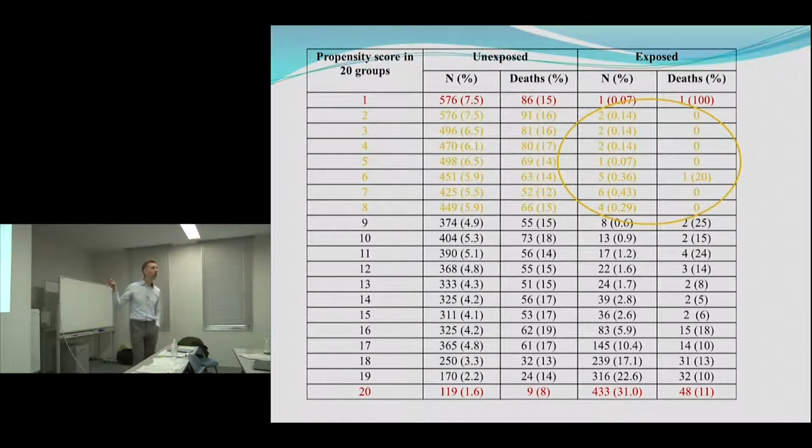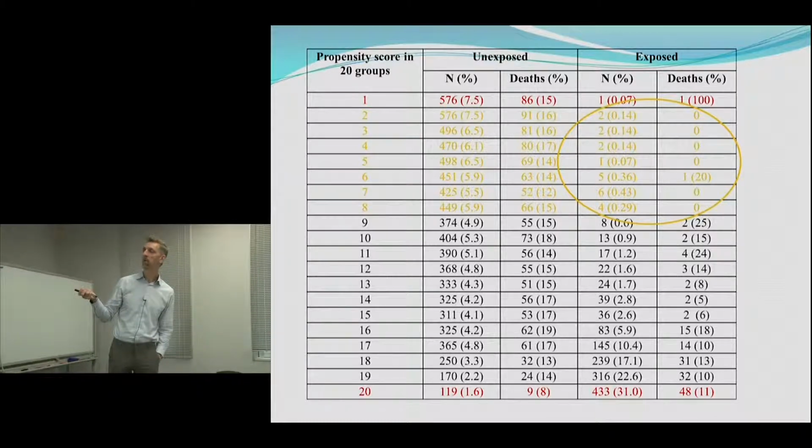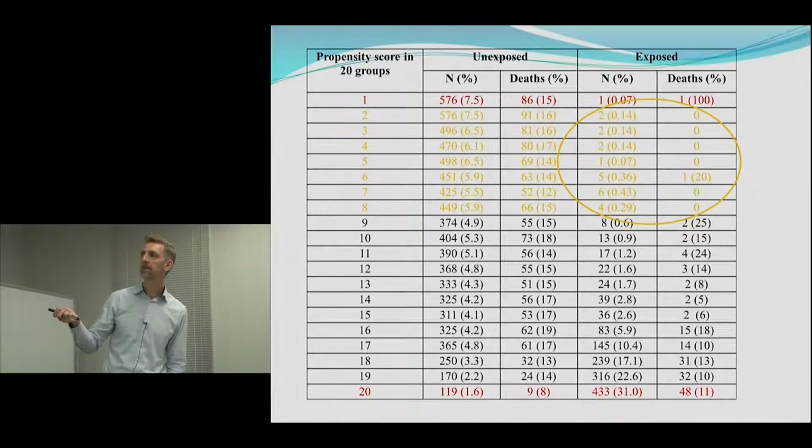We then, having looked at the data, decided to leave out this group here. The reason being that there are very, very few exposed people and there are almost no outcomes amongst the exposed. So this is, if you like, our group where almost everybody is untreated.